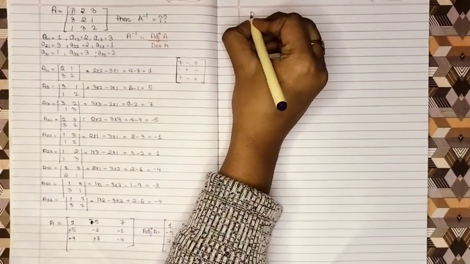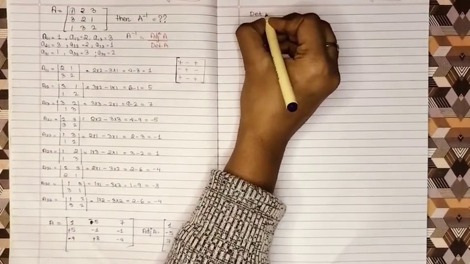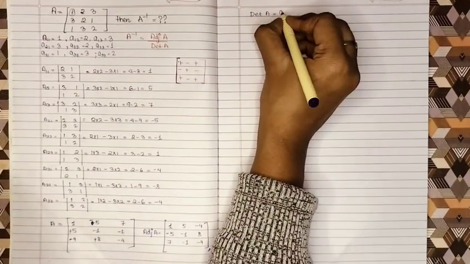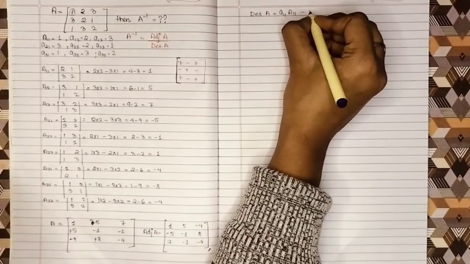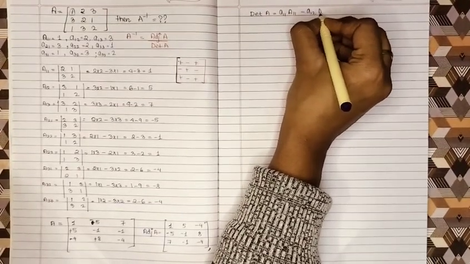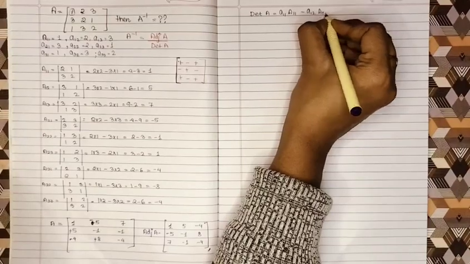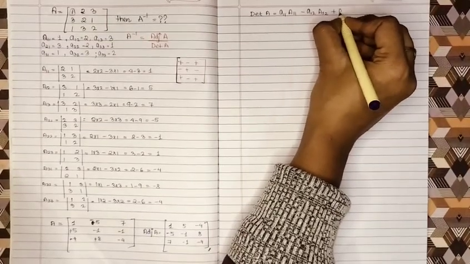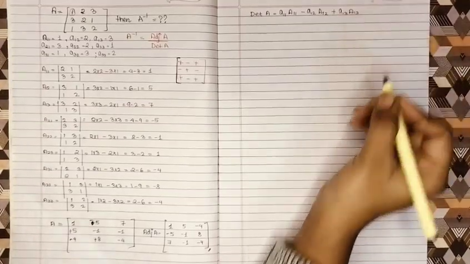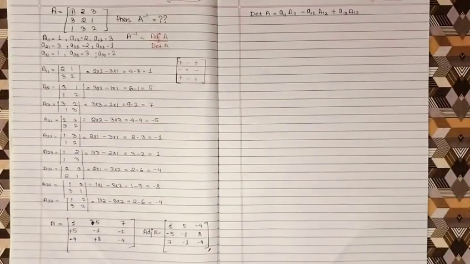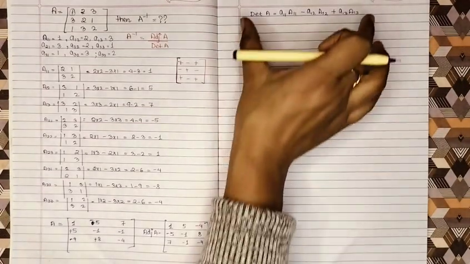Determinant of A is equal to A11 minus A12 plus A13. Now I will explain what I wrote here.